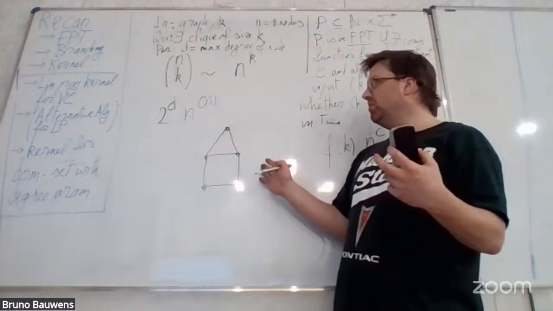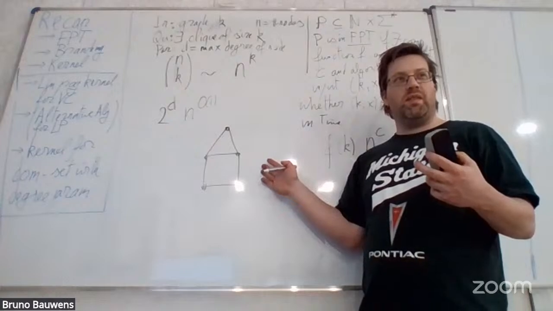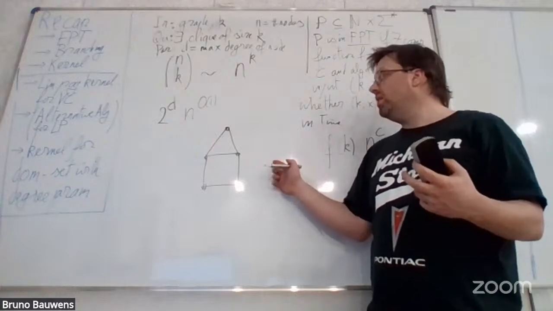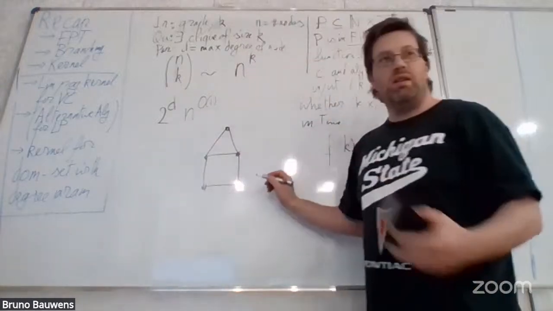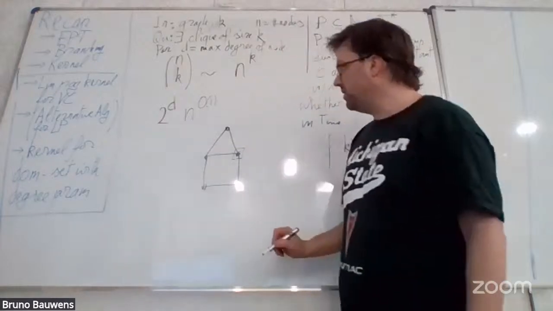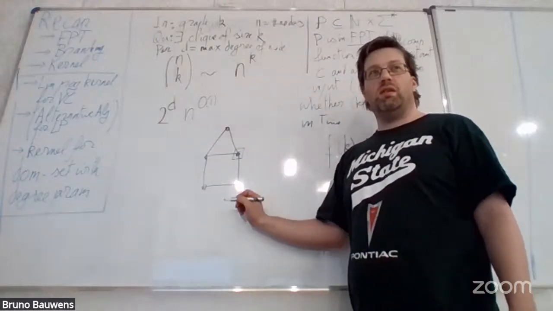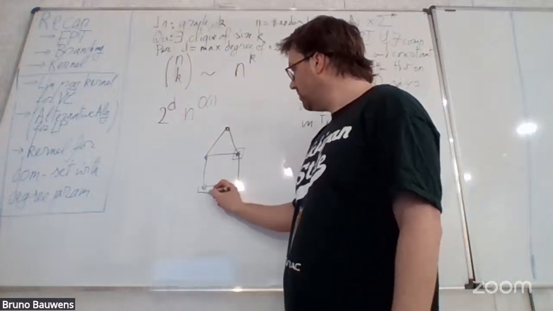So what is the minimal size of a vertex cover here? 3. 3, yes. Can you tell me which nodes? For example, this node and which else? The right, the left. Bottom, yeah.